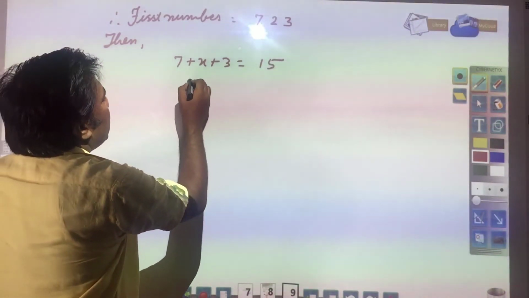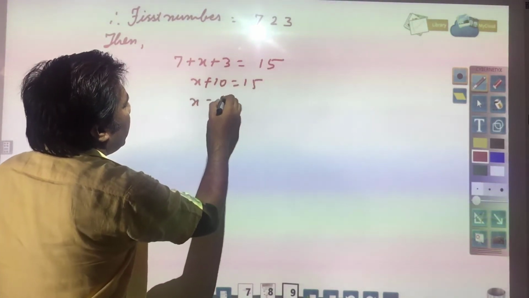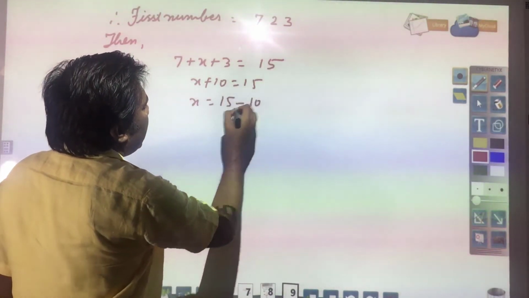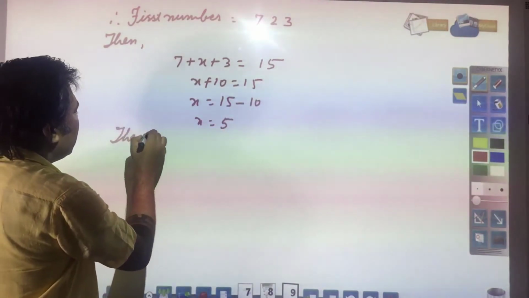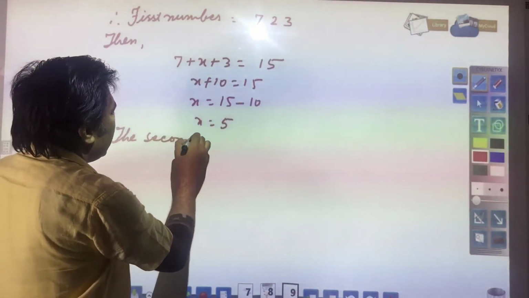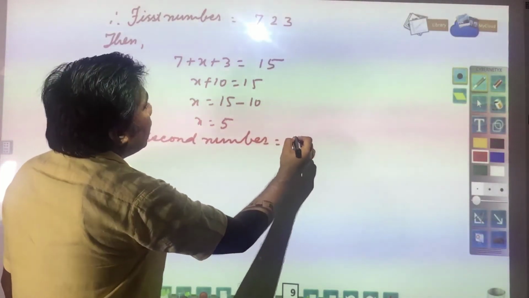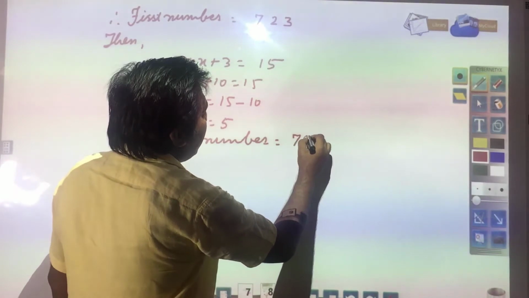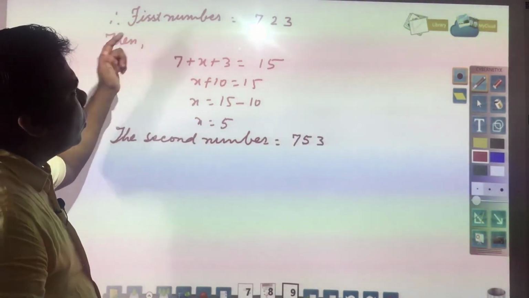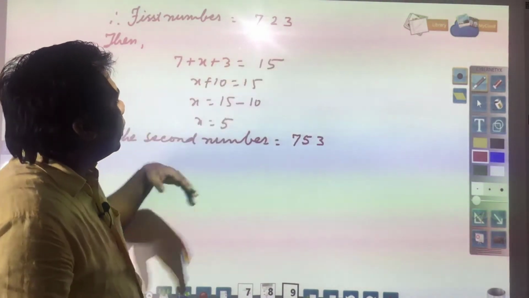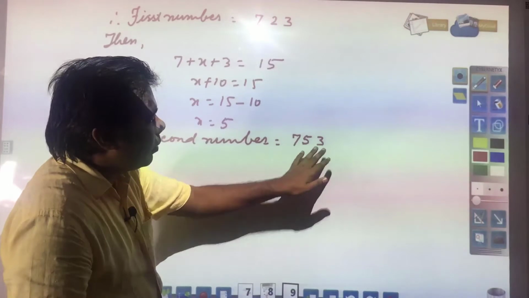So, x plus 10 is equal to 15. So, x will be 15 minus 10, it means x is equal to 5. The second number will be, what? 7, 5 and 3. So, the value of x is equal to 2, then your number will be 723. When x is equal to 5, then your number will be 753.